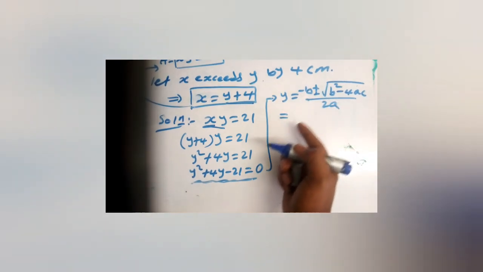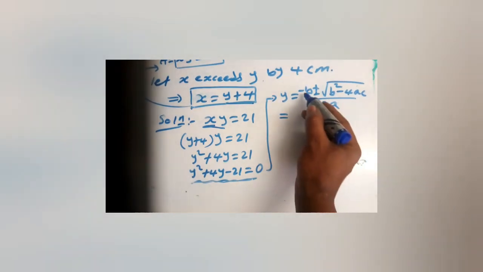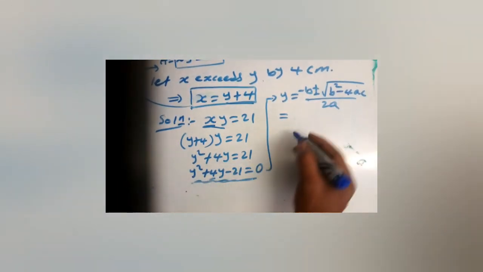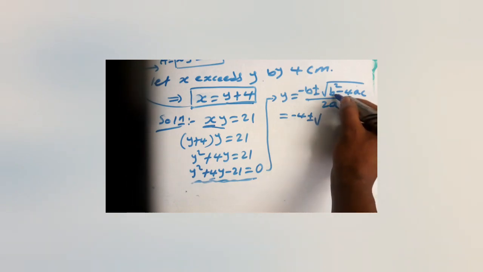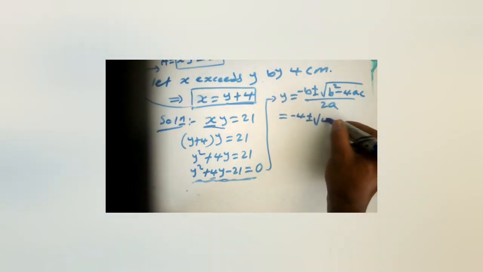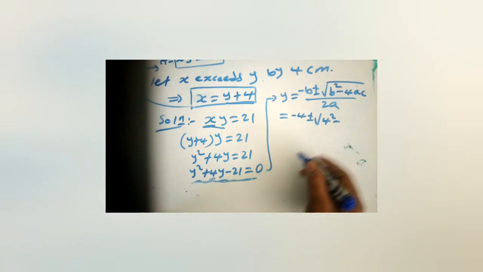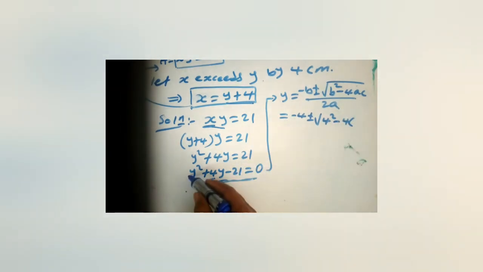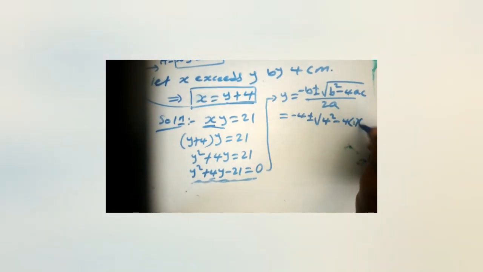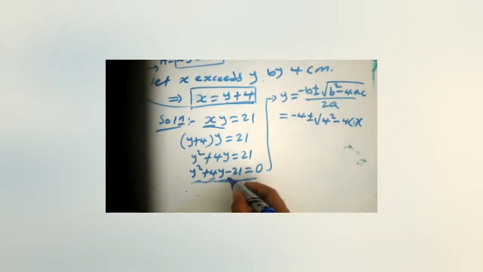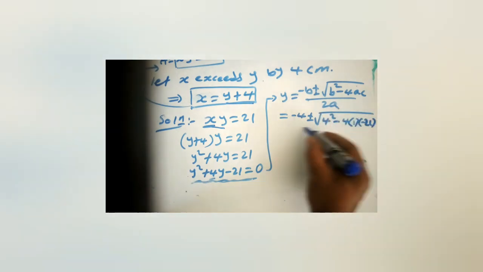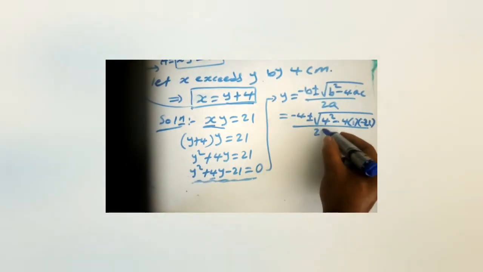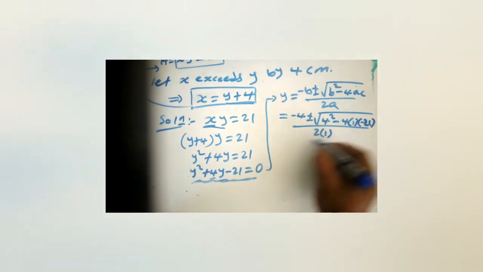Doing that, b is 4, therefore we have minus 4 plus or minus the square root of 4 square minus 4 times a, which is 1, times c, which is negative 21, over 2 times a, which is 1.